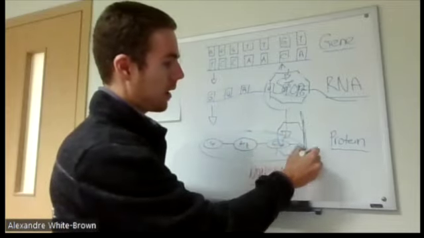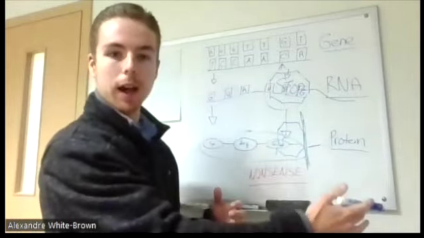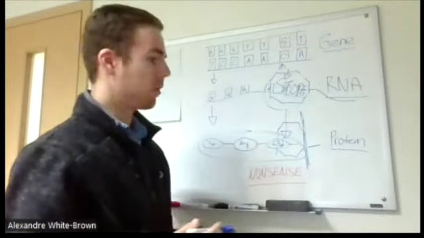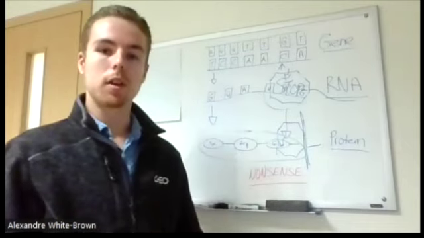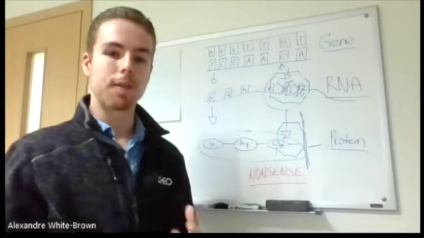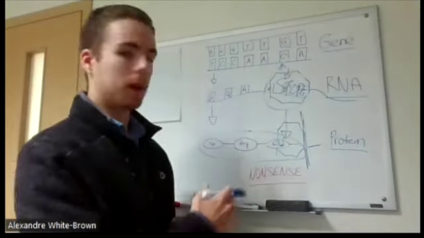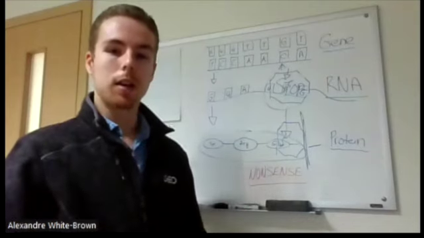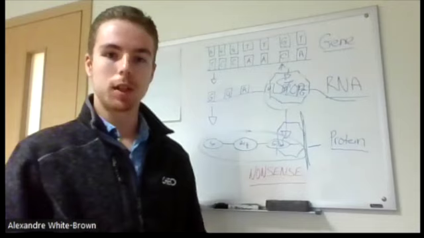It's stopping here, and there's no more protein, no more amino acids being added on to make it the proper length. So almost always a nonsense mutation is going to have an effect on the structure of the protein. It's not going to be as long as we would like. And once again, almost always is going to have an impact on the function of that protein.